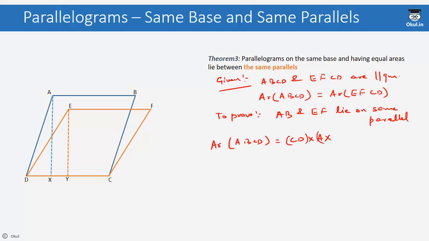Also, area of parallelogram EFCD is equal to base CD and height EY. Therefore, I can say that AX is equal to EY. And these two can only be equal when AB and EF lie on the same parallels.